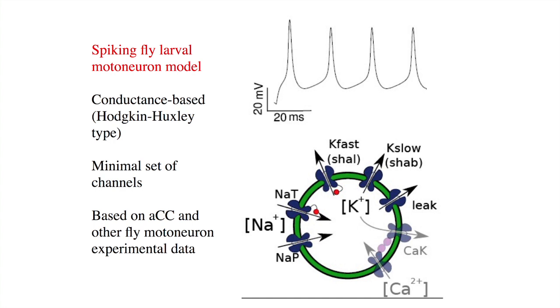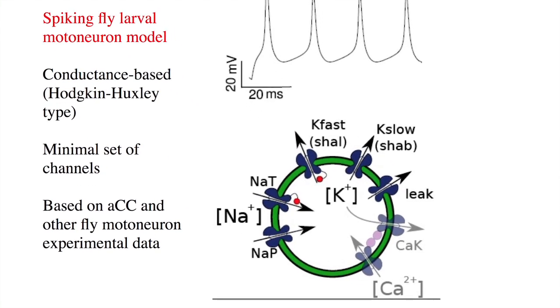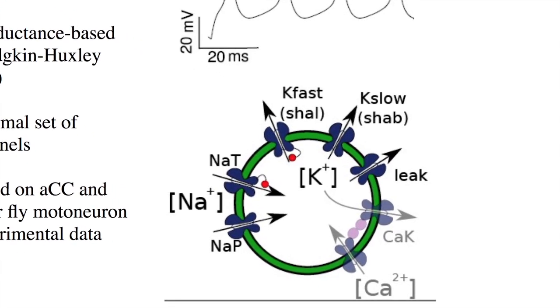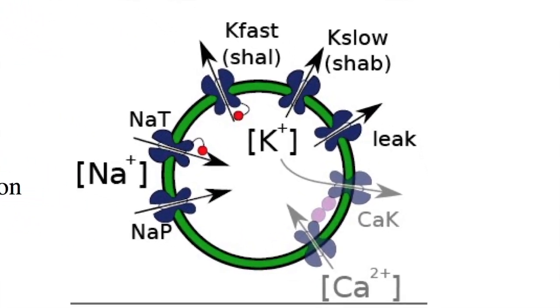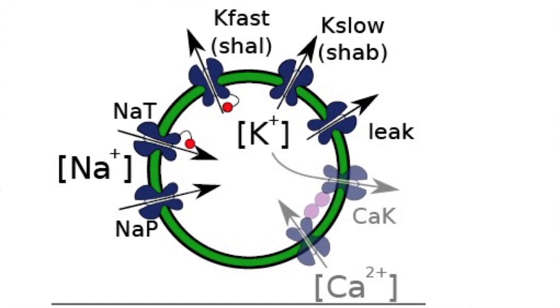It has a relatively minimal set of ion channels, so we know actually that there are some calcium channels in these neurons that we haven't even included in the model yet. So for now, it just has a leak current, two different types of potassium currents, a transient sodium current. This one's fairly standard with the inactivation gate here.